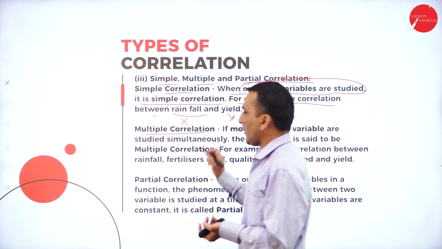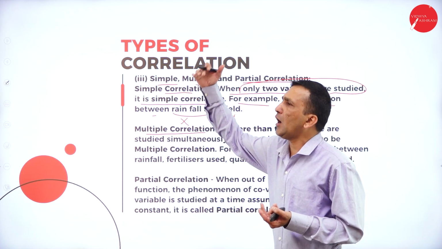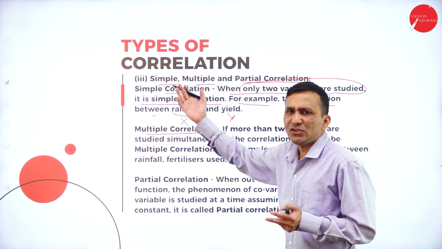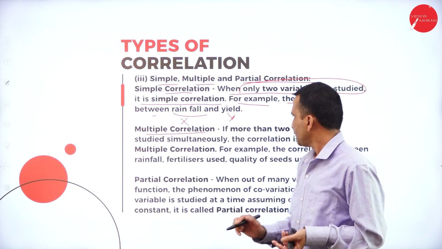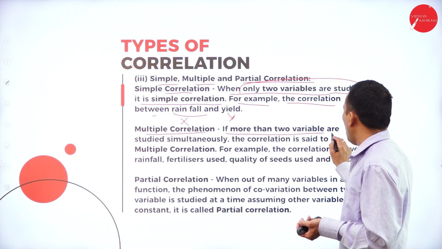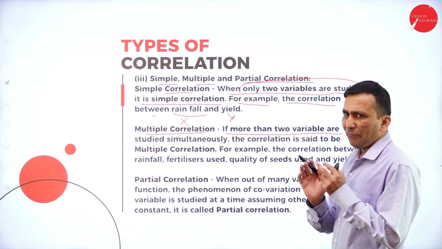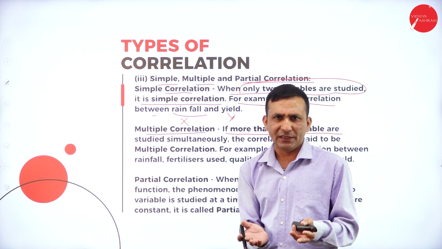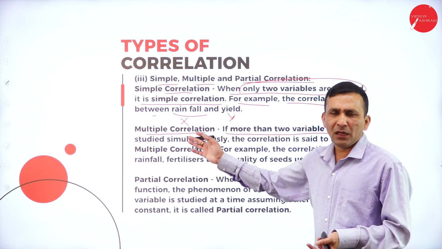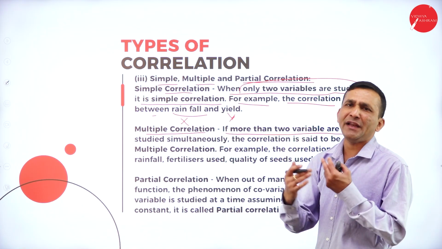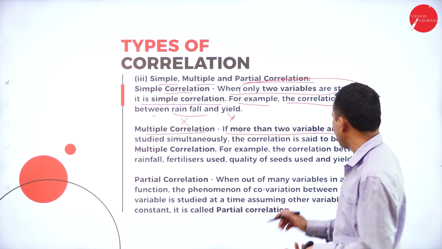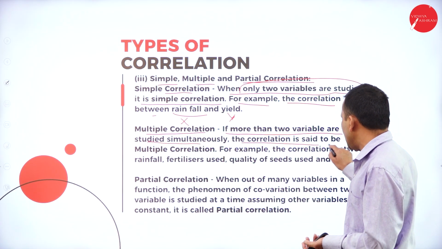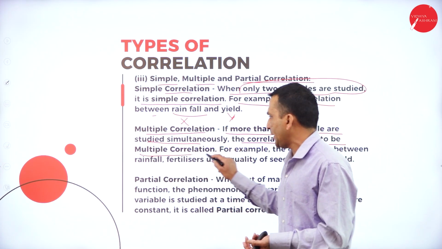Now, multiple correlation. The name suggests it: simple is two, and more than two is multiple. If you are depending on more than two variables studied simultaneously, the correlation is said to be a multiple correlation.